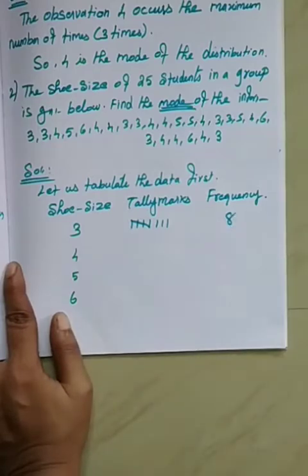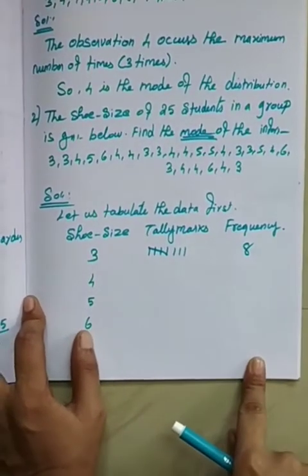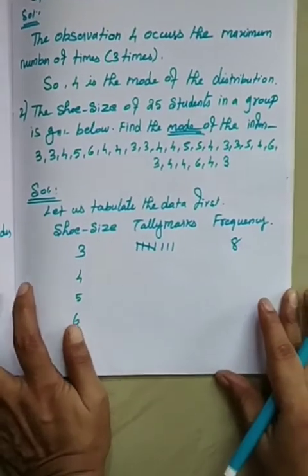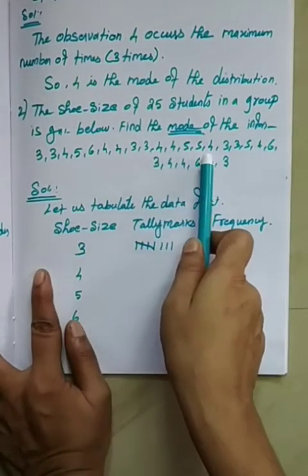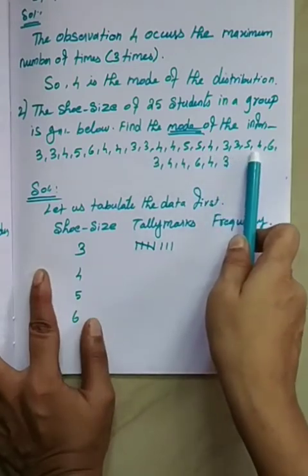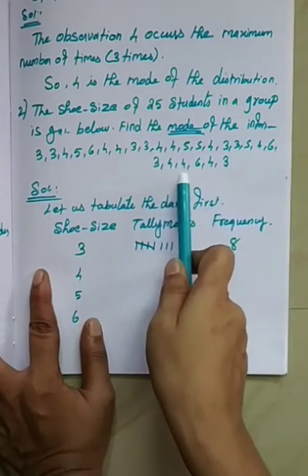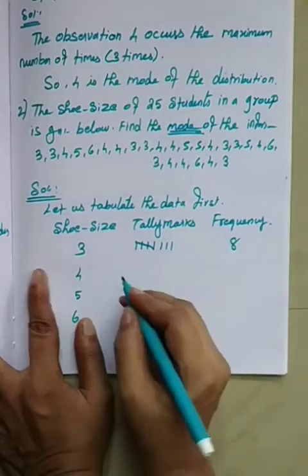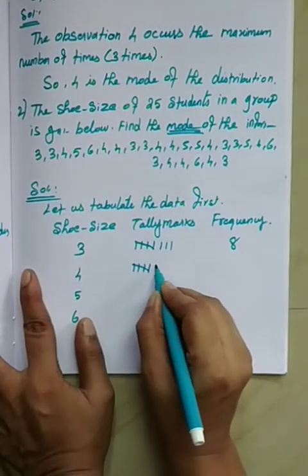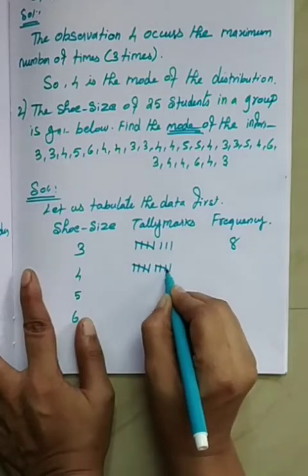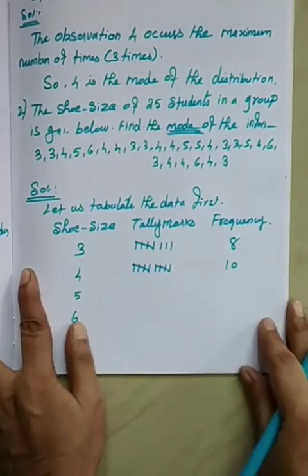Then you have to see the 4. How many times does 4 appear? 1, 2, 3, 4, 5, 6, 7, 8, 9, 10. Okay, 10 times. So the total frequency is 10.